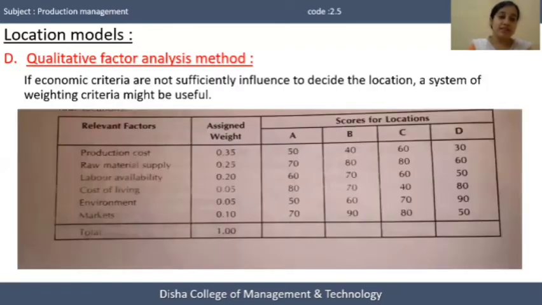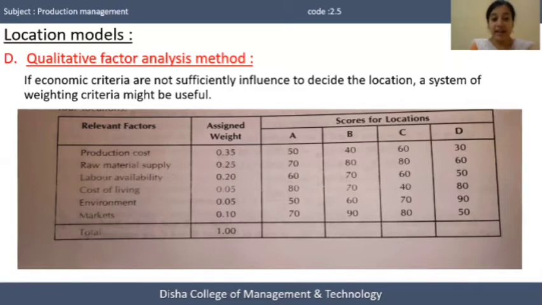Next, I will discuss another locational model, that is the qualitative factor analysis method. If the industrialist is unable to identify a location by considering economic criteria, then he has to adopt another model for selecting a location, that is the qualitative factor analysis method. In this method, first the industrialist identifies relevant factors.